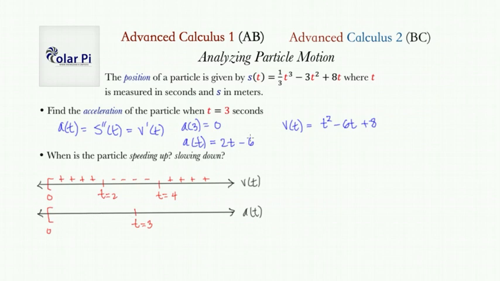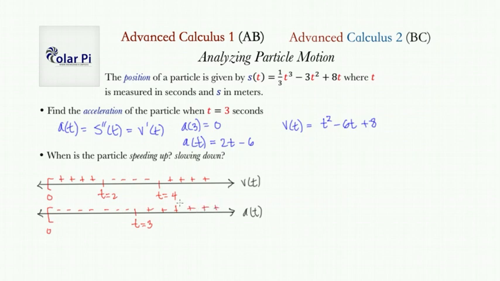So if we plug in 1, we're going to get negative, right? And so we see that the acceleration is negative in these parts, and then it's going to be positive in these parts, right? So let's try t equals 4, and yes, surprise, surprise. So positive, positive, and on, right?